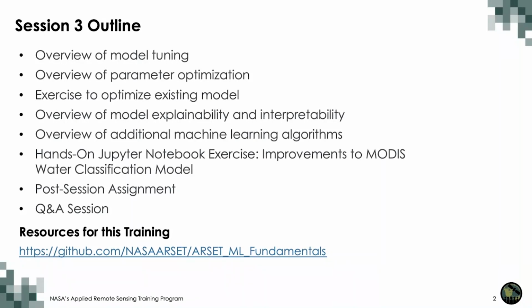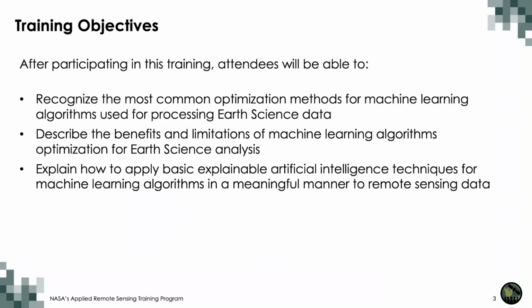At the end, we're going to have a hands-on Google Colab exercise to improve some of the water classification models we were developing in the previous sessions. And then we're going to have a post assignment and the Q&A. And just as a reminder, as in our previous sessions, all of the materials are available on the GitHub repository, so feel free to jump onto it and follow the session while we discuss.